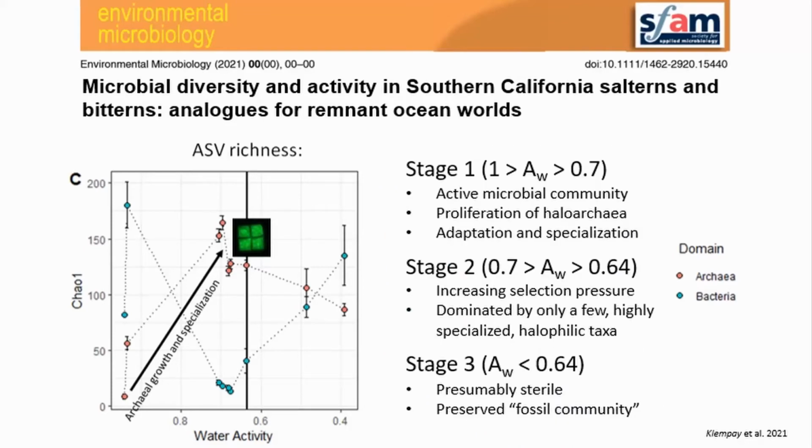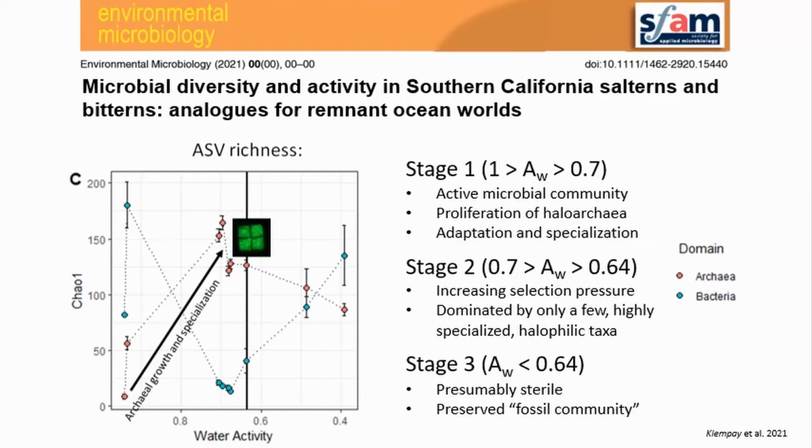This first stage, which is characterized by the proliferation of haloarchaea, is followed by a stage where the increasing selection pressure due to the increasingly harsh hypersaline conditions within the brines begins to drive down the diversity of haloarchaea.